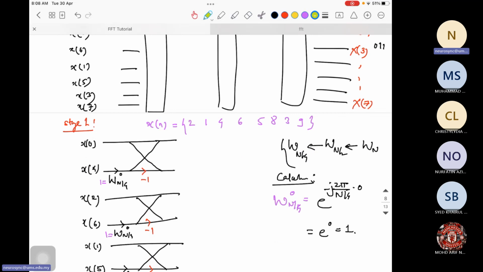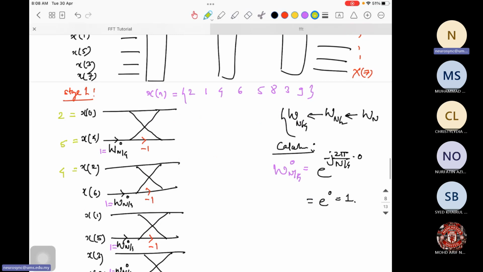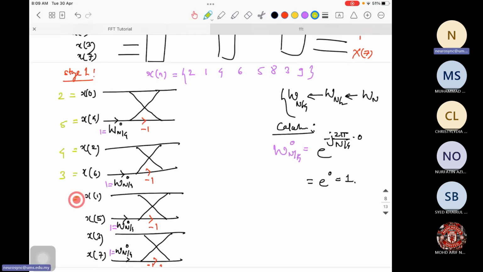So x of 0 is 2. X of 4 is what? 0, 1, 2, 3, 4, 5. X of 2 is 4. X of 6 is what? 3. Correct. Are you following this?